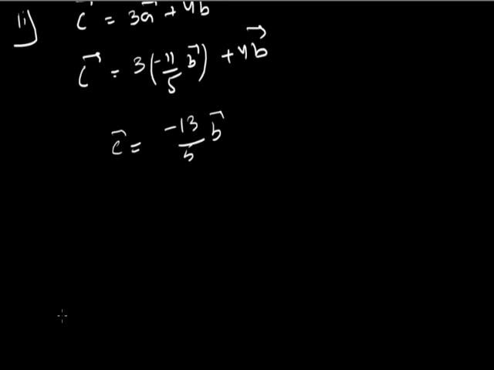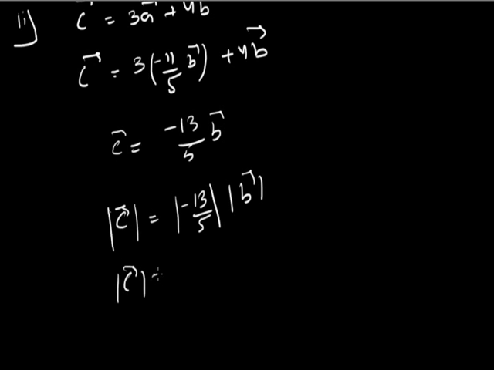Now take the magnitude of this. The magnitude of c vector is the magnitude of minus 13 by 5 times the magnitude of b vector, so it is 13 by 5 times the magnitude of b vector. The magnitude of c vector is greater than the magnitude of b vector.